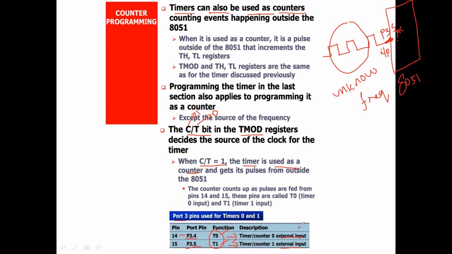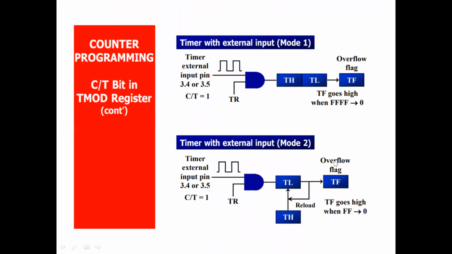So this is the main point you should understand. If you see the block for the timer, the known frequency is given as an input to the timer block. Previously you would have seen this same block, but there the input is the crystal frequency divided by 12. But here, the frequency is given as input to one of the pins, 3.4 or 3.5.